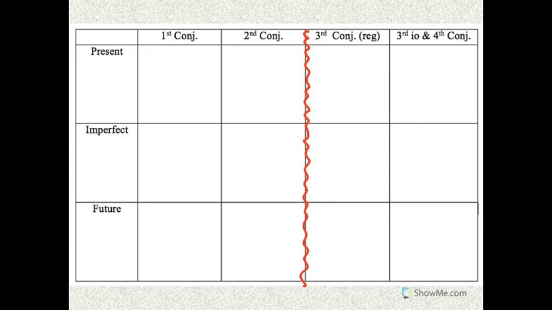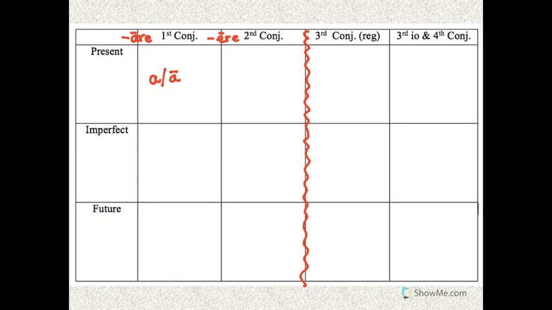Our infinitive for the first conjugation is ARE, and our infinitive for the second conjugation is ERE. For the present, for the first conjugation, our thematic vowel is A. Sometimes it's short and sometimes it's long. You should ask your teacher about whether or not you should memorize which vowels are short versus which vowels are long for each of the forms.